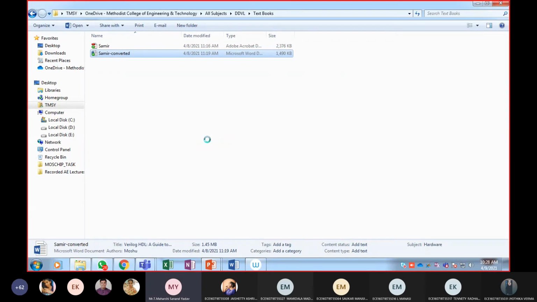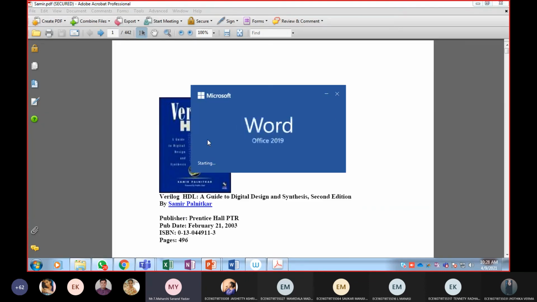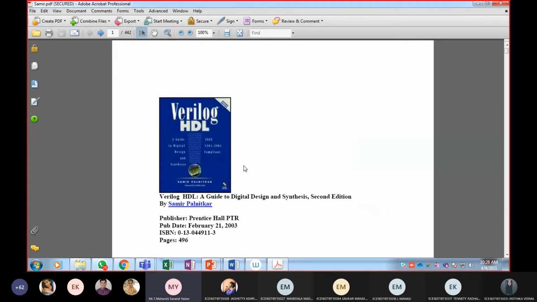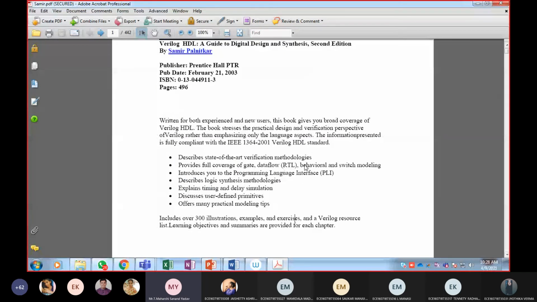Let me know if you are having any queries. First be perfect with the terminology, next we can start the subject. So this is the book. Better try to purchase this one and go through the first chapter, which is completely the theory part.